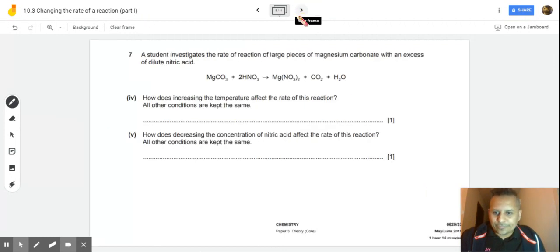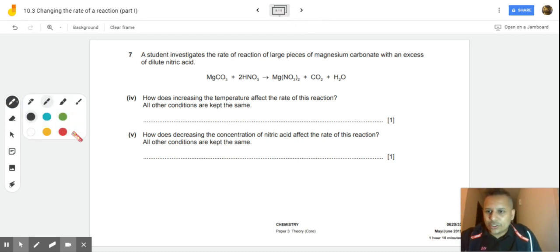Now I'm going to finish off by going back to that original question. In the first part of the question, we see how an increase in the temperature affects the rate of the reaction, with all other conditions kept the same.